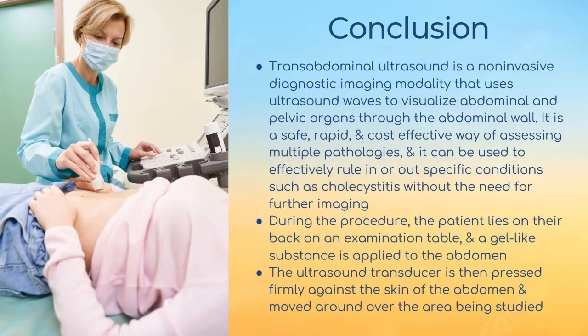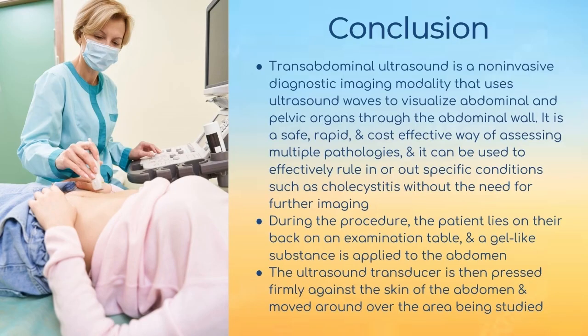In conclusion, transabdominal ultrasound is a non-invasive diagnostic imaging modality that uses ultrasound waves to visualize abdominal and pelvic organs through the abdominal wall. It is a safe, rapid, and cost-effective way of assessing multiple pathologies, and it can be used to effectively rule in or out specific conditions, such as cholecystitis, without the need for further imaging.